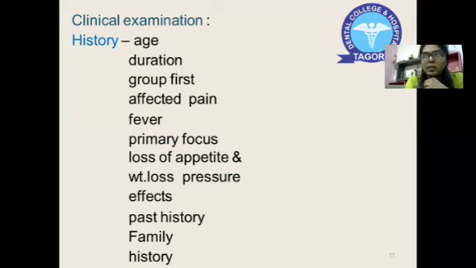Pressure effects are nothing but any compression by the lymph node over any organ or nerve, exerting pressure over that organ. For example, the patient may experience dysphagia when the esophagus is pressurized. So in such a condition, we have to look for any pressure effects.